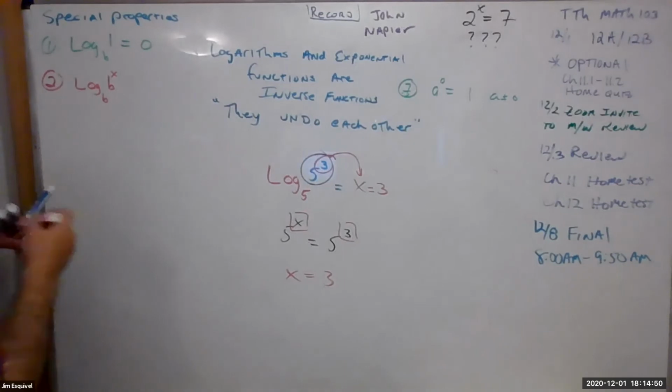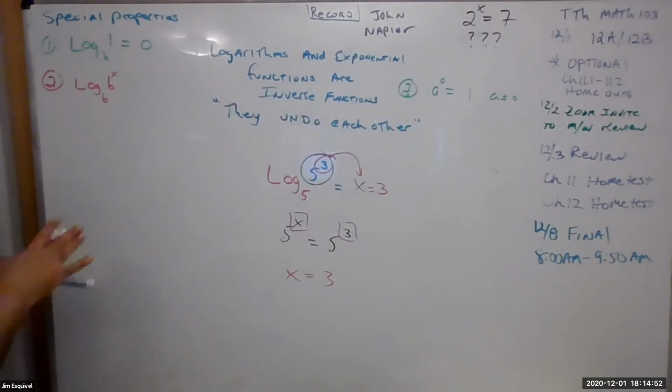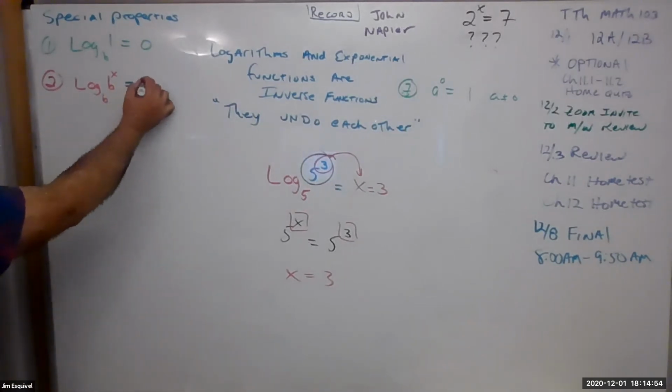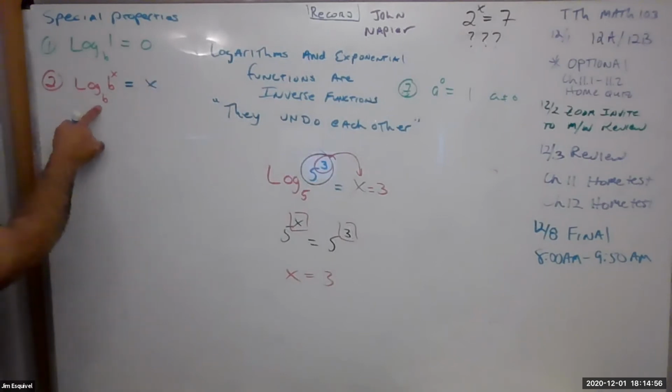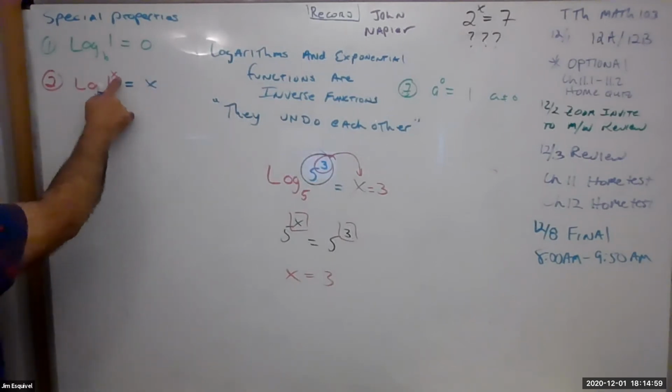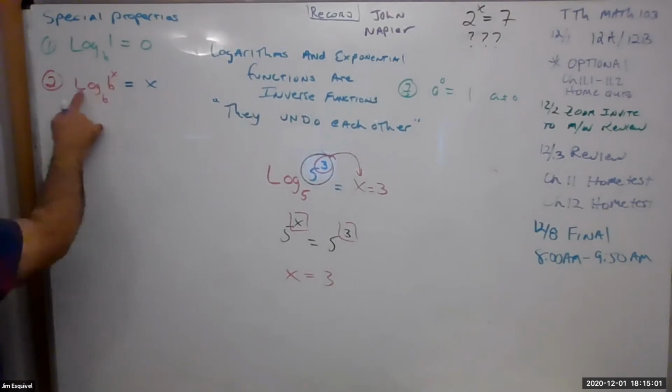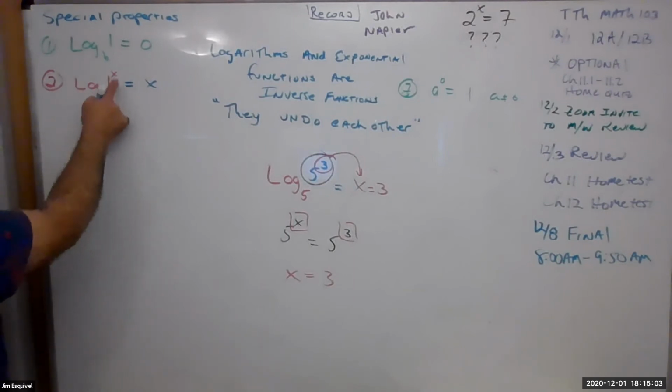So log base b of b to the x is just going to equal the x. This log base b undoes the exponent base b.